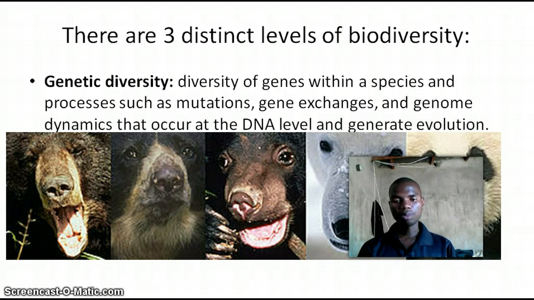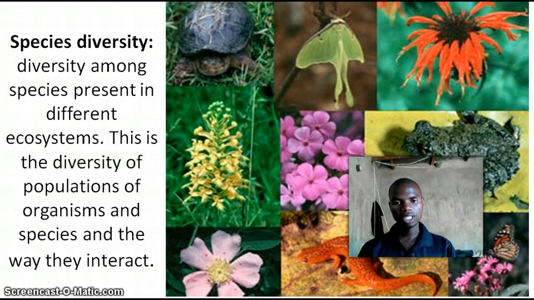The genes represent themselves in a phenotype, the physical appearance, where you can see these five types of bear. Some, like the polar bear, have white fur, and others have black eyes and white fur. They have different mouths. So they are all types of bear, but they are genetically different. That's the first kind of diversity that we have.